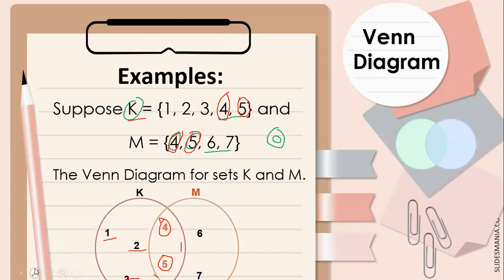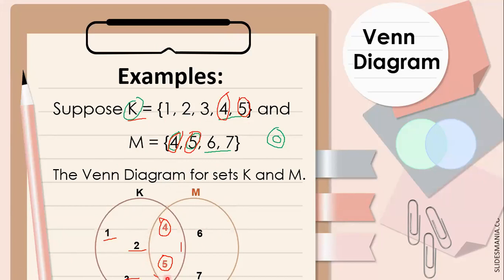Teacher, pwede pong paulit. Bigla po ako nawala ng wifi. Okay. Ulitin ni teacher. Etong mga elements ni K, we have 1, 2, 3, 4, 5. Yung elements ni M, 4, 5, 6, 7. Kung papansinin mo, si K and M, pareho silang merong 4 and 5. Therefore, ilalagay natin yung mga elements na yon dito sa gitna.